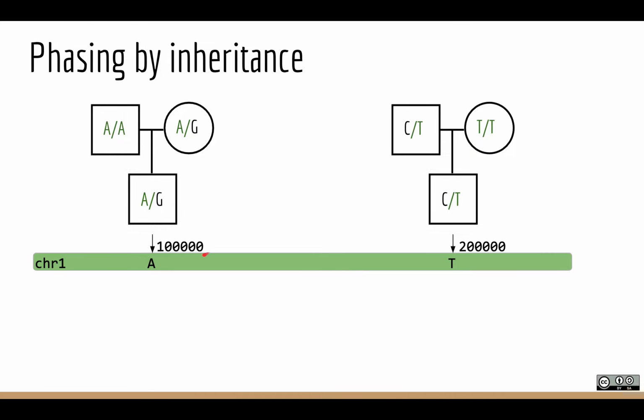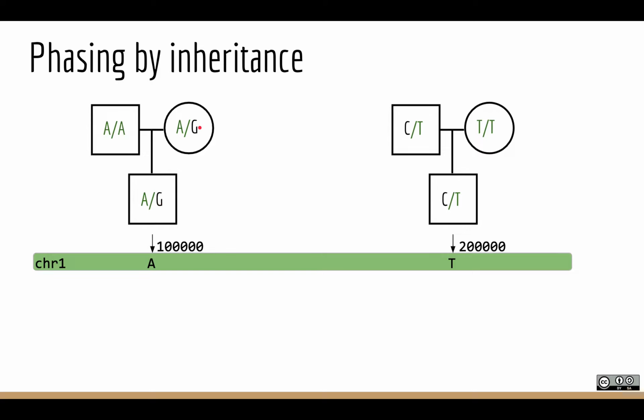So in this case, dad is homozygous A, mom is heterozygous AG, and kid is heterozygous AG. So by quick first glance, we maybe can't be totally sure where the A came from, but actually we can, because we know that the G had to have come from mom.